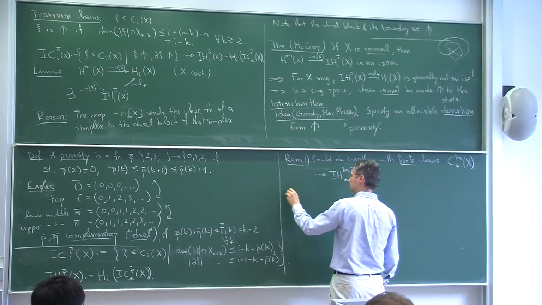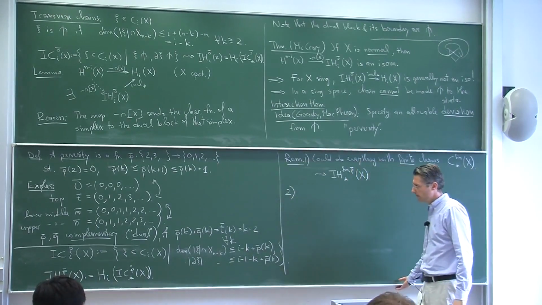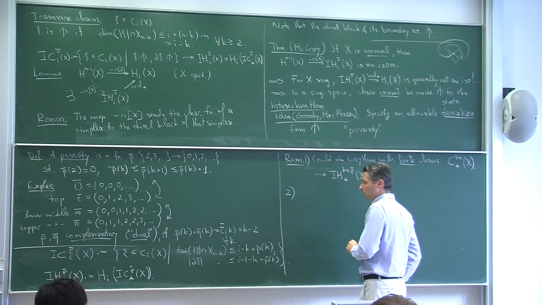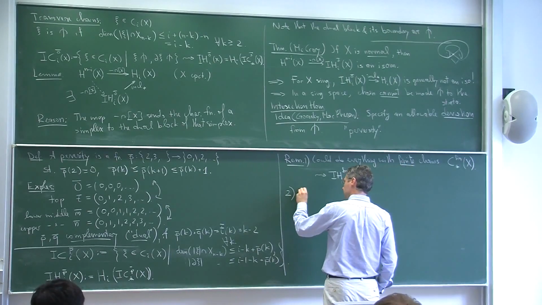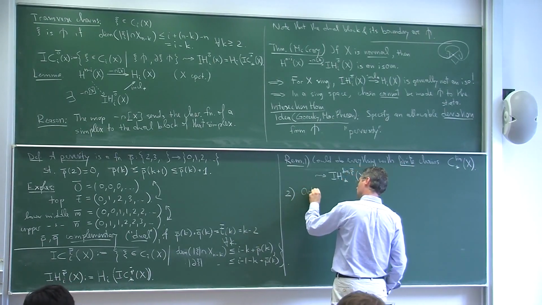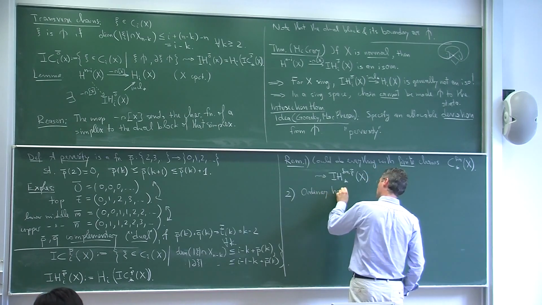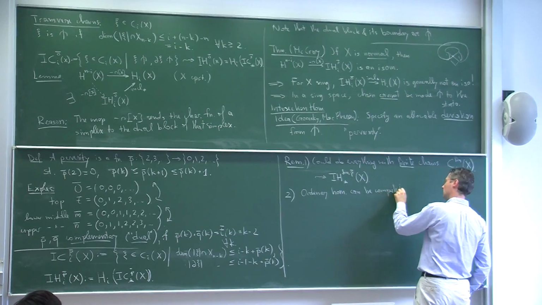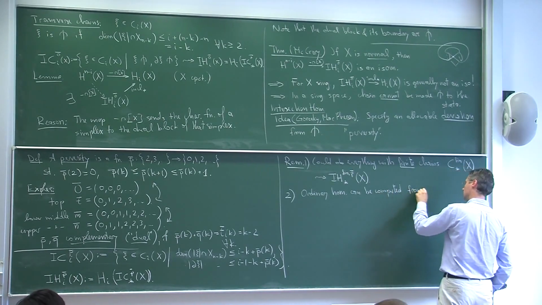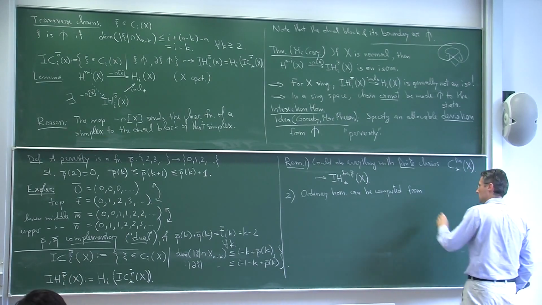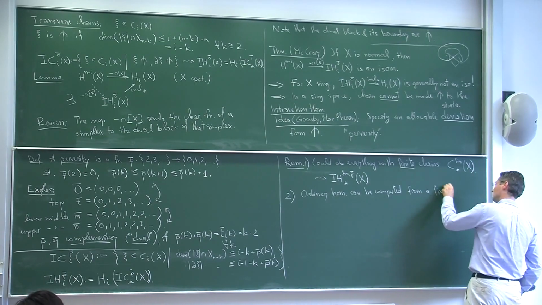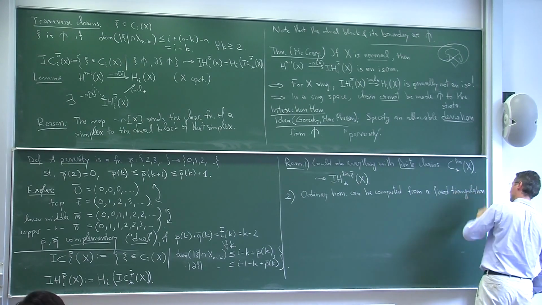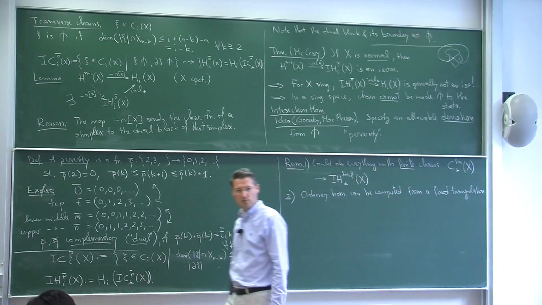Second remark. There's a little subtlety here, which is the following. Actually, ordinary homology can be computed from a fixed triangulation. You don't actually have to go through this co-limit, right?